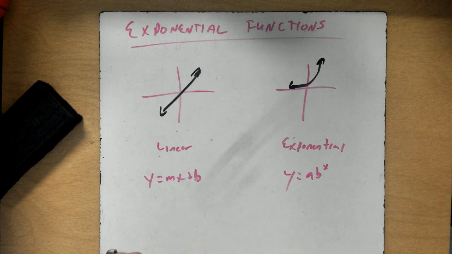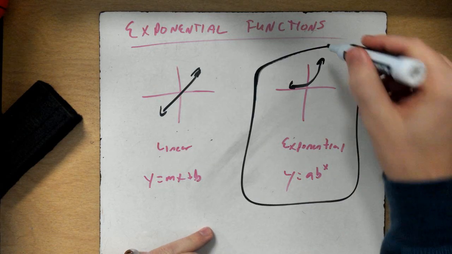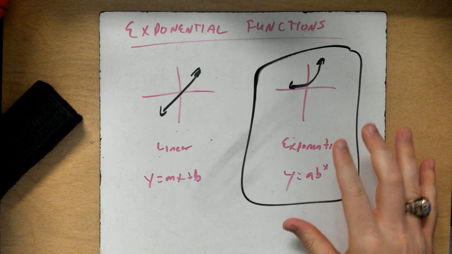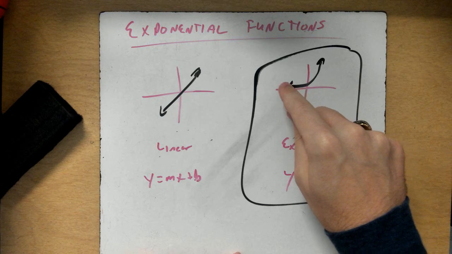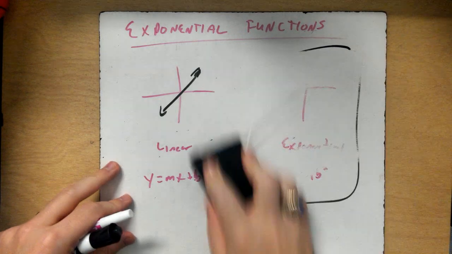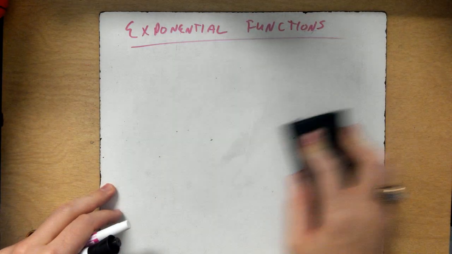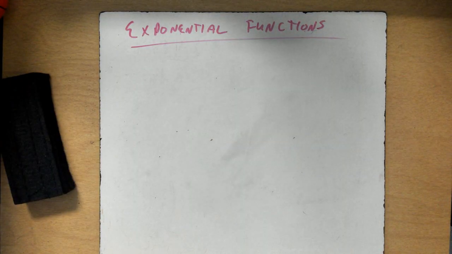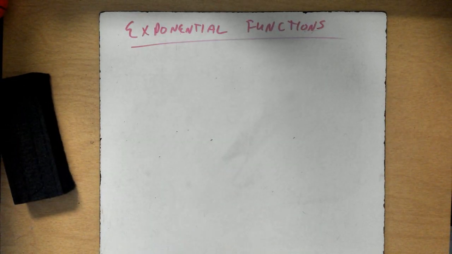This is the one that we're really going to be focusing on today, exponential functions, where we have a function that curves up or down, and our equation is y equals ab to the x power. We'll get into that in this video. So first, let's figure out how we know if a function is exponential or not, and we're going to look at a table for that.